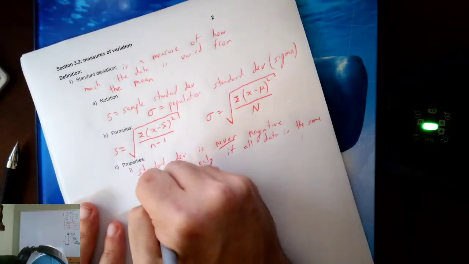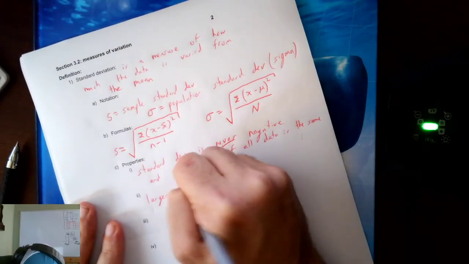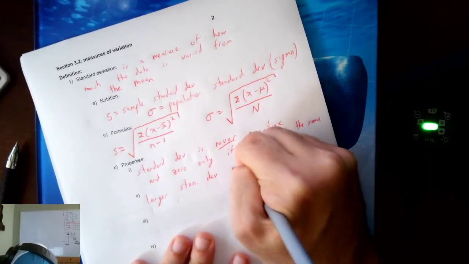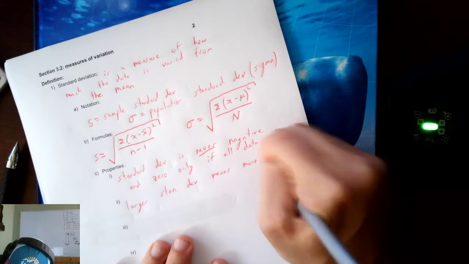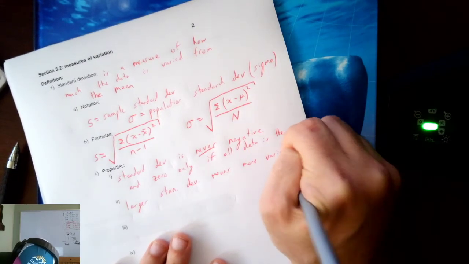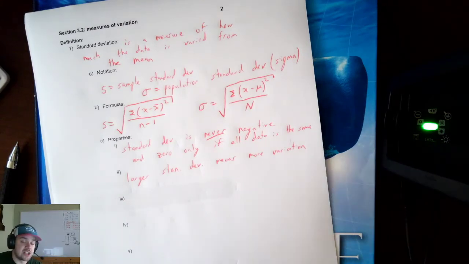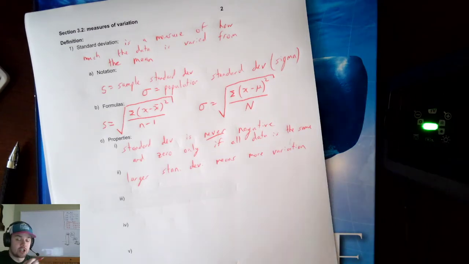Next, larger standard deviation means more variation. Let's say I want to measure the heights of 2 different football teams. I have 2 different data sets. Maybe I measure the local high school football team, and maybe I measure the Super Bowl champs from last year. I actually don't know who won the Super Bowl. It doesn't matter.